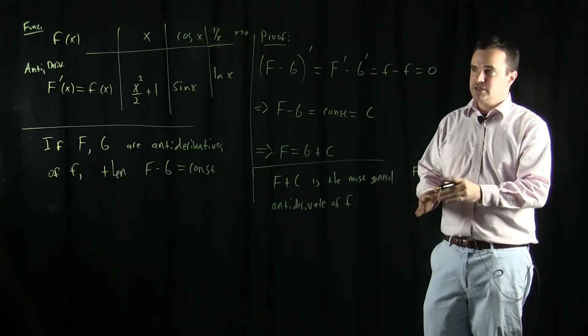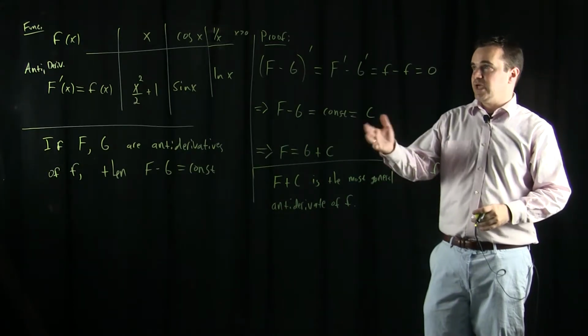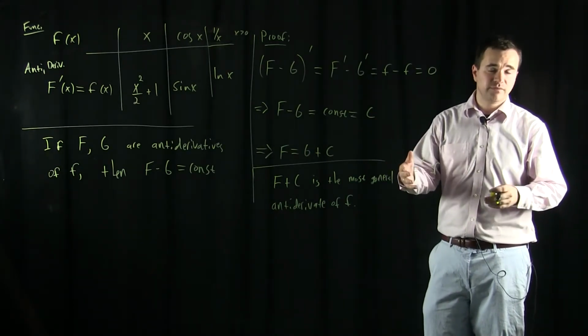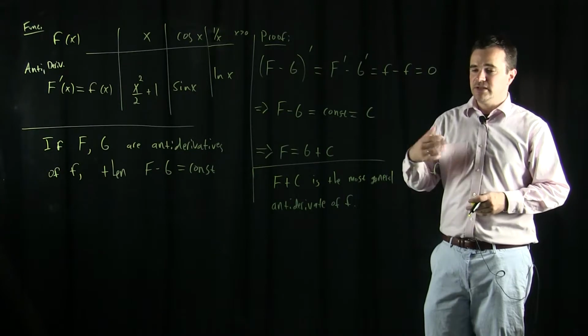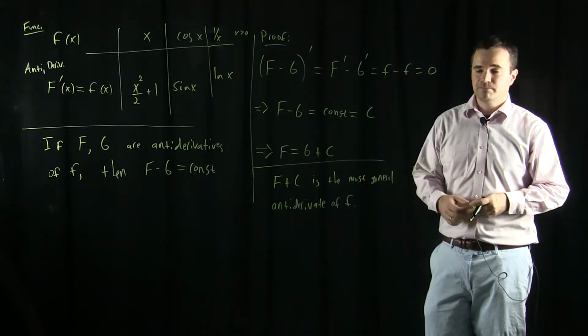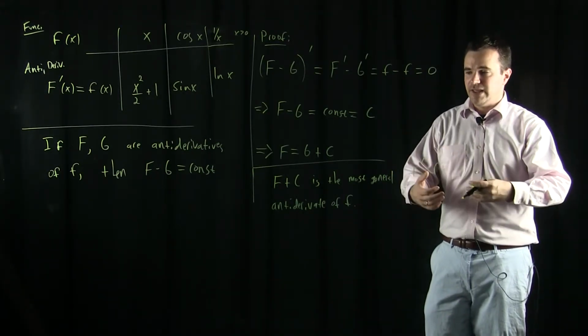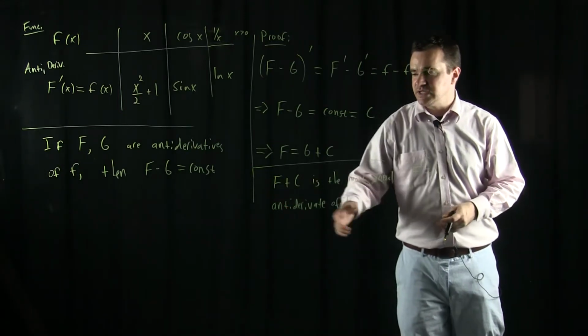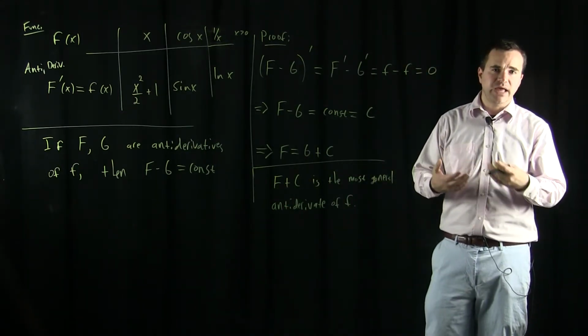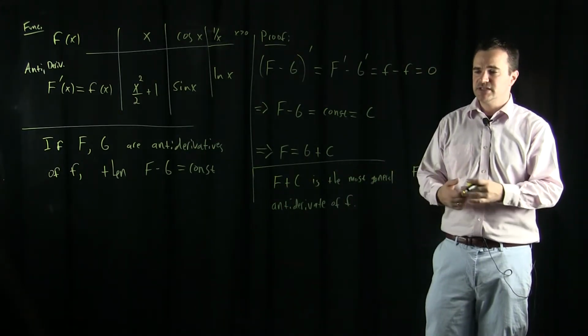So start with a function like x or cosine x or 1 over x or whatever you've got. Find an antiderivative, capital F. The most general antiderivative you say is F plus c, and that's just supposed to remind you that you could add any arbitrary constant and it stays an antiderivative.